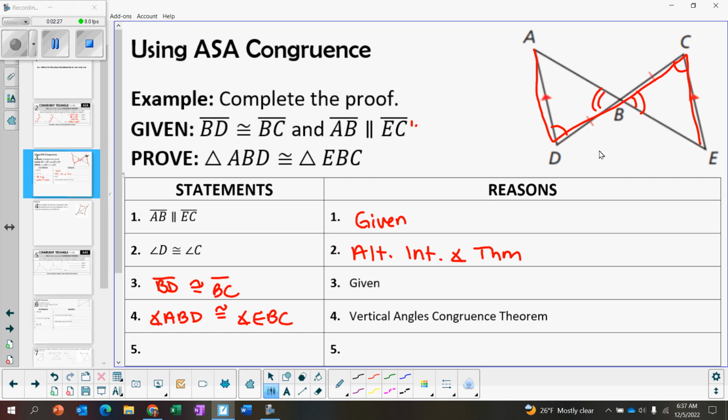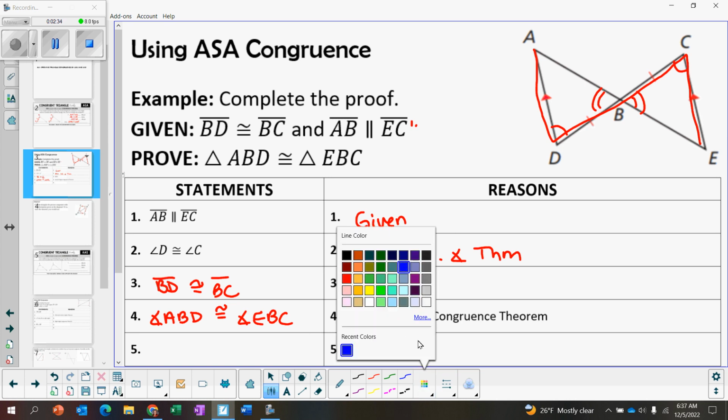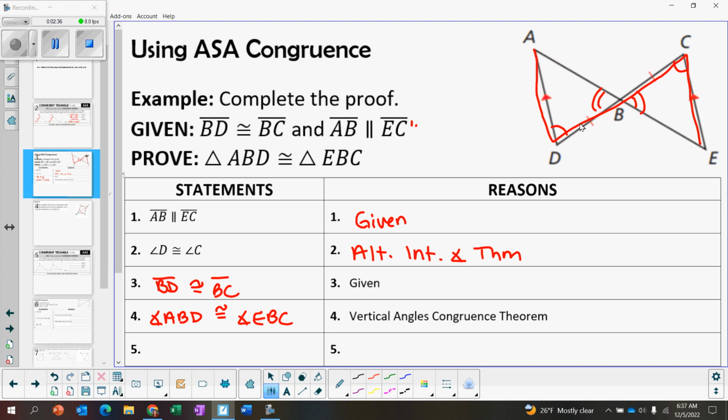We can't call it angle B because there are a lot of angles happening at B, so we have to be more specific. Looking at my problem now, there is a side here. This is an angle that's congruent, and this is an angle that's congruent. If I look at the letters, that's ASA, so triangle ABD is congruent to triangle EBC.